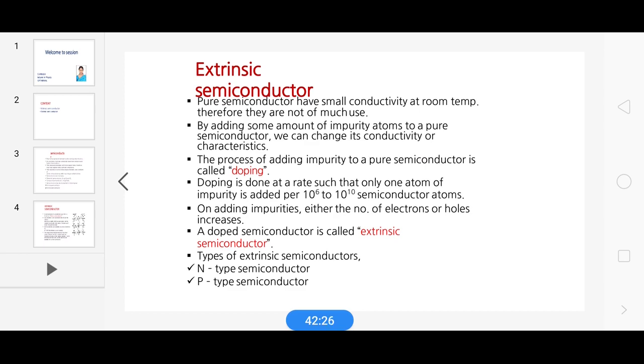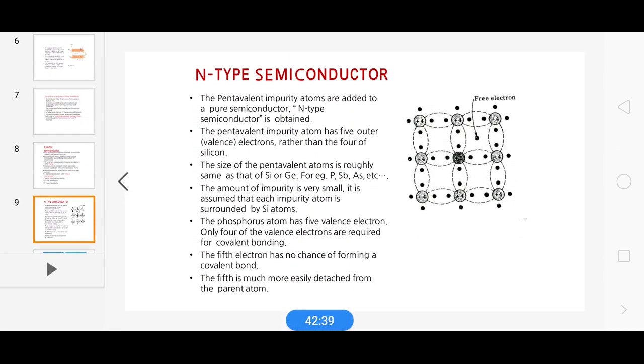The doping rate is 1 impurity atom per 10 power 6 to 10 power 10 parent atoms. For the n-type semiconductor, a pentavalent impurity is added to the pure form, and an n-type semiconductor is formed. We generally use phosphorus, antimony, arsenic.